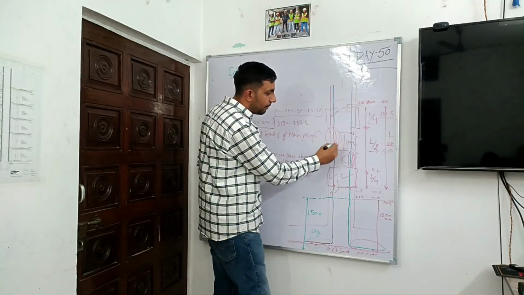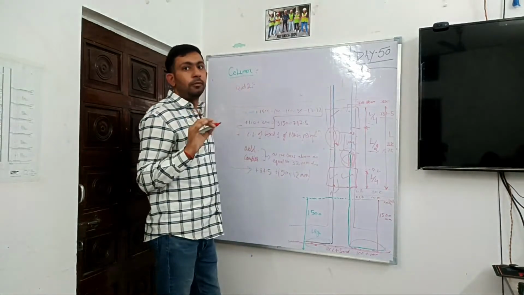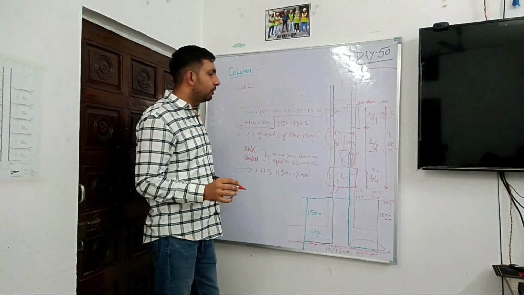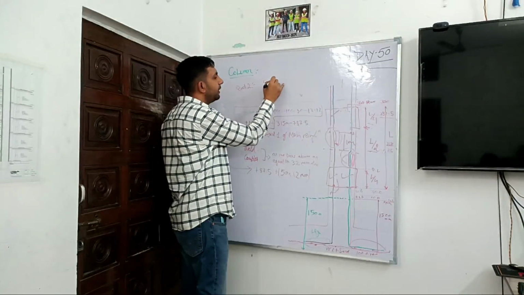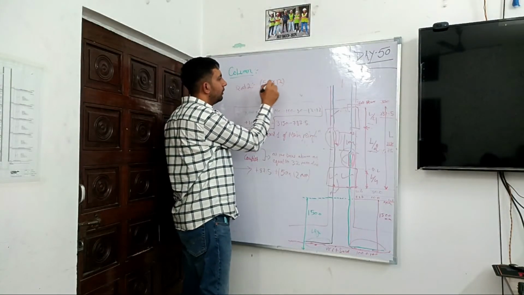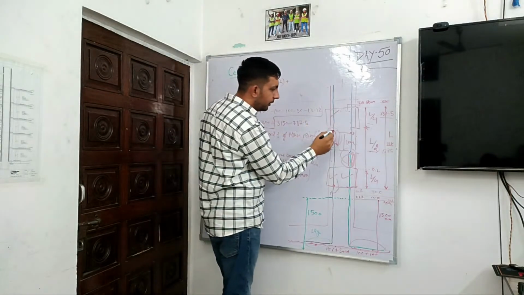This is also a lap length, and I told you the value of lap length is 50D. Then starting with 50D, 50 into 12, plus we reached here.